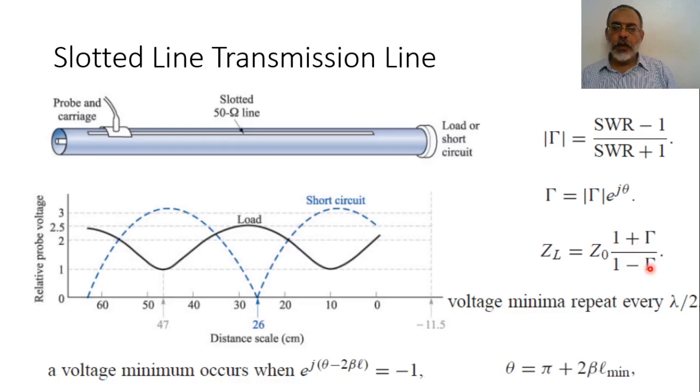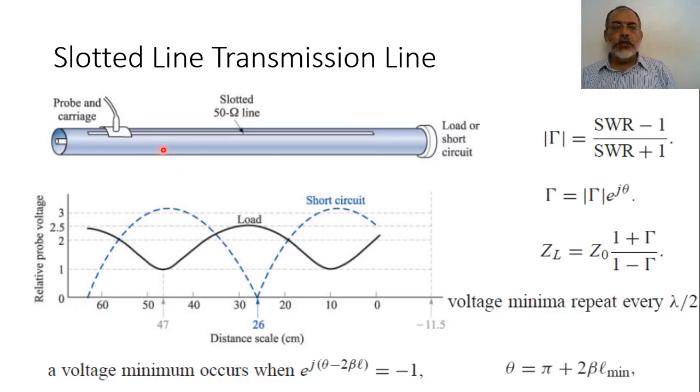Okay? On the other hand, the operating frequency can be determined since the distance from the first minimum to the second minimum equals lambda by 2. So by measuring the distance here, we can obtain lambda by 2, and from lambda we can obtain the frequency.